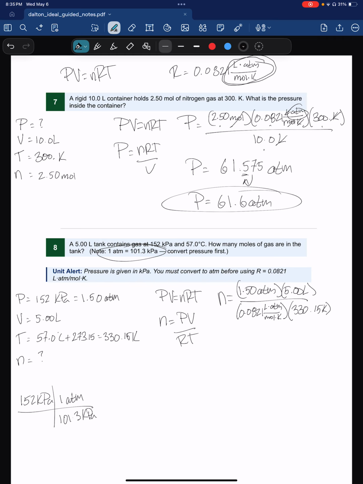All right, let's plug this into our calculator. 1.5 times 5 divided by 0.0821 and 330.15.